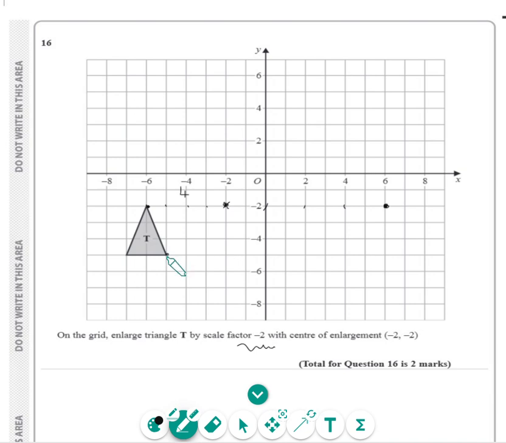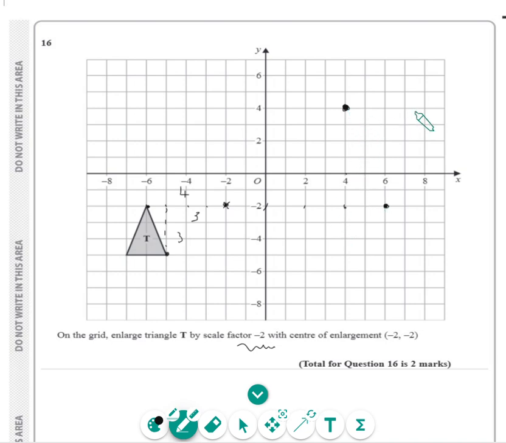Okay, let's go to this point next, doing the same thing. I'm going to go 1, 2, so 3 left and 3 down. So if I do the opposite from the centre, I'm going to go 6 right and then 6 up. So 2, 4, 6, and 2, 4, 6.